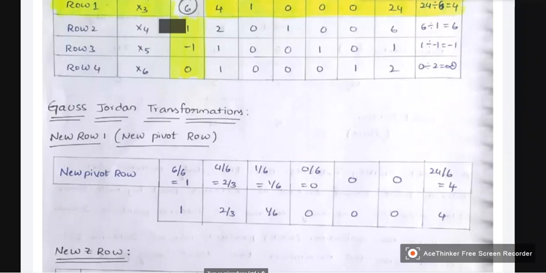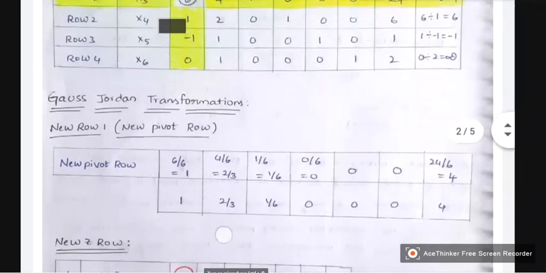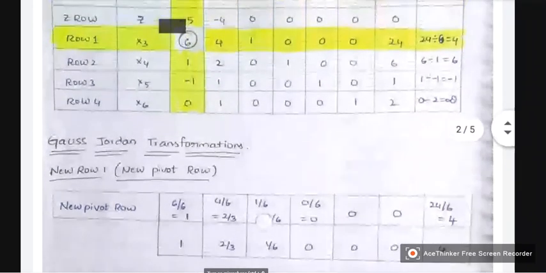So x1 is entering, x3 should leave. After that, we have to do Gauss-Jordan transformations. In the above table, x3 is leaving and x1 is replacing the x3 place. Okay, very good.